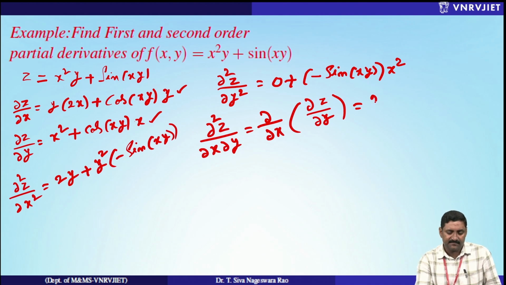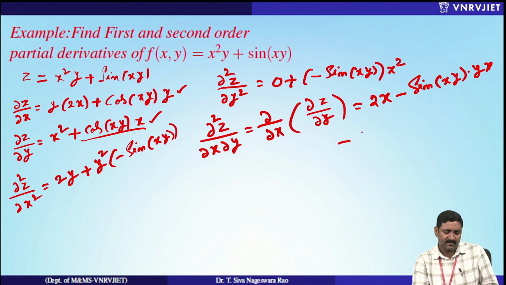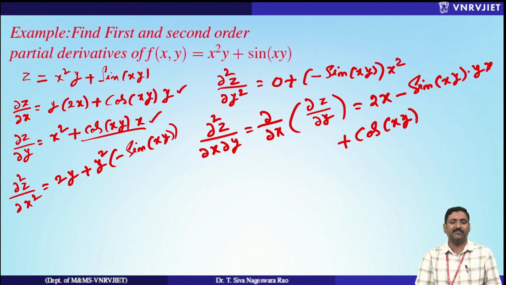You will get the answer as x square derivative 2x, minus sine of xy multiplied with y multiplied with x, that is a product of two functions. So I will apply the product rule in differentiation, minus, this is plus cos of xy. The partial derivative of x with respect to x is 1.